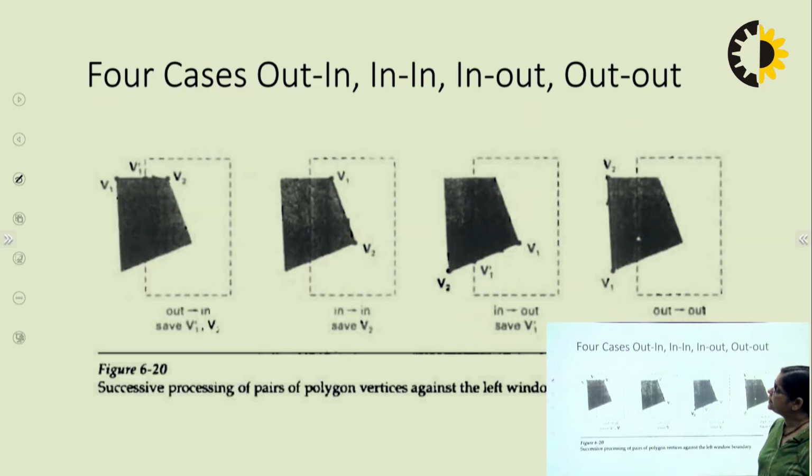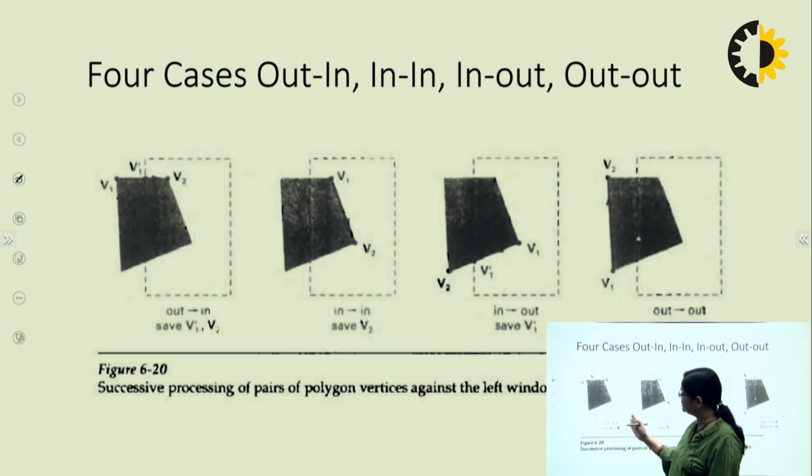Now there are the 4 cases I have taken for you all. Here are the 4 cases: out in, in, in out, out. This is an example we will discuss very well. Here, if you see, there are 3 vertices, V1, Vi and V2.